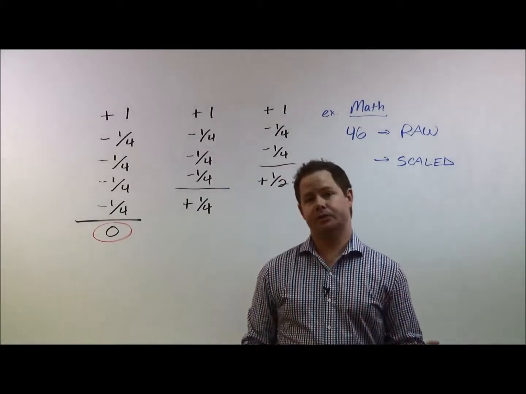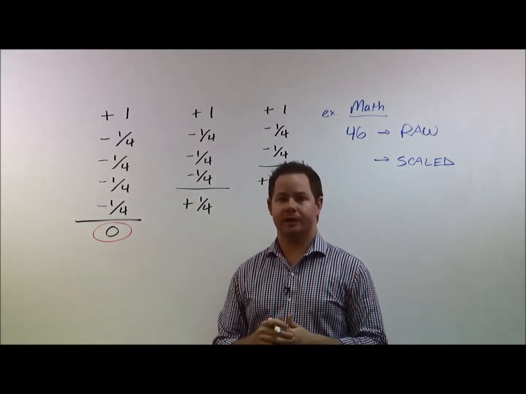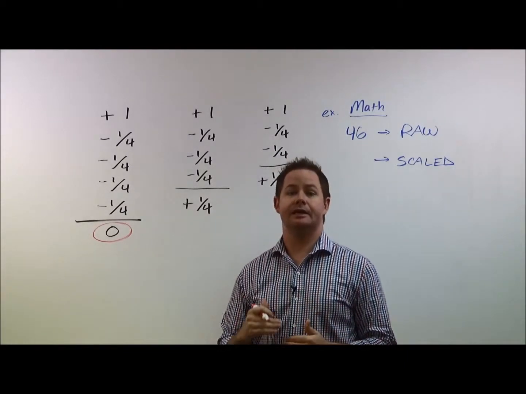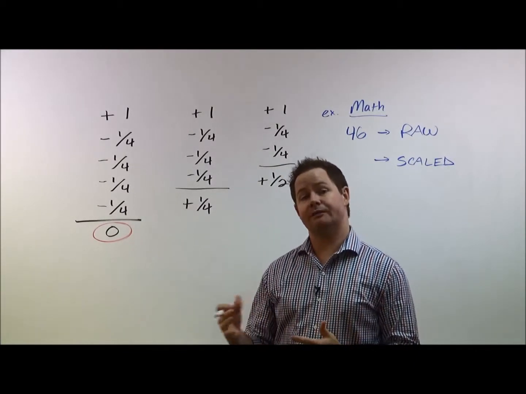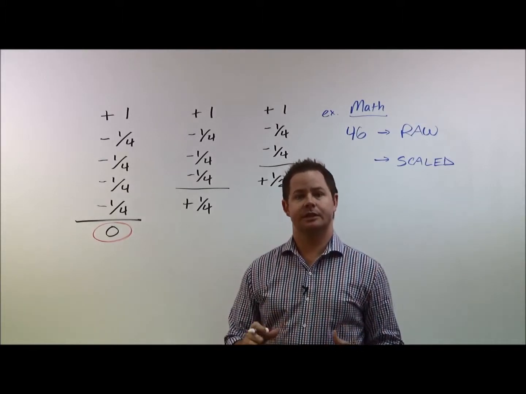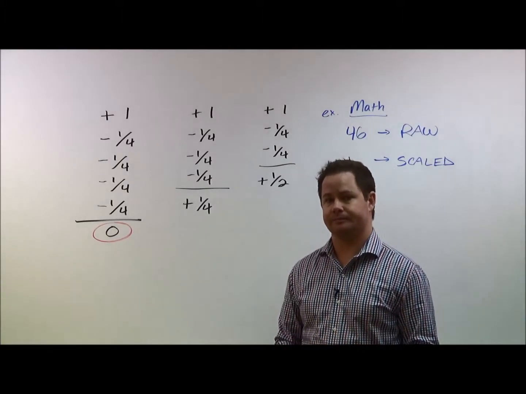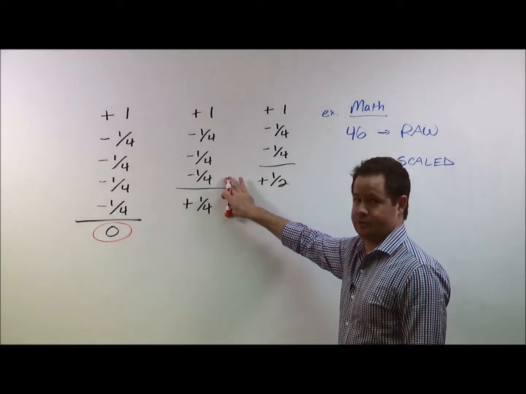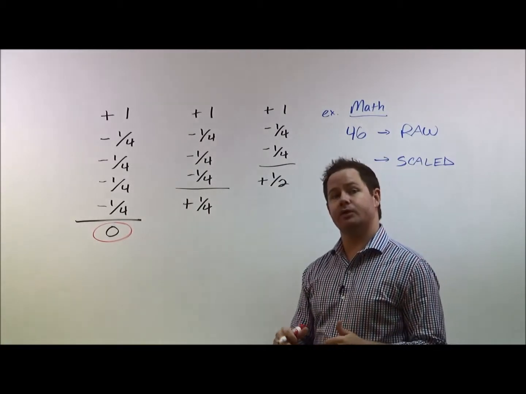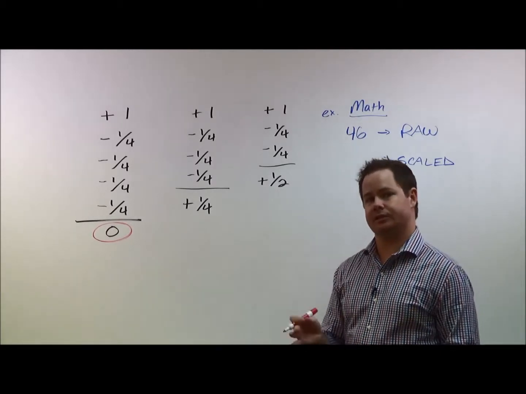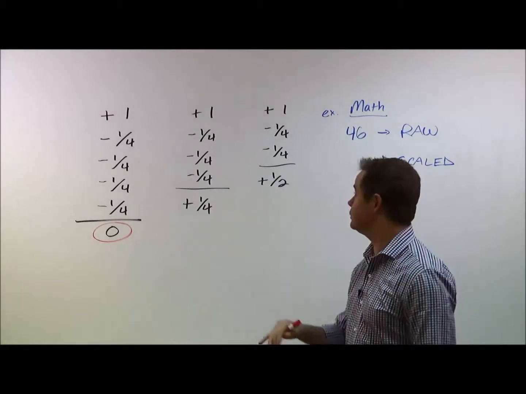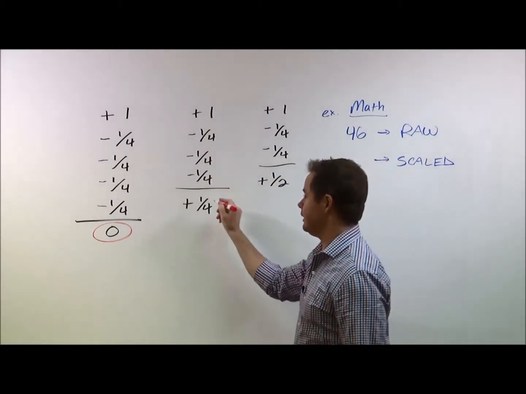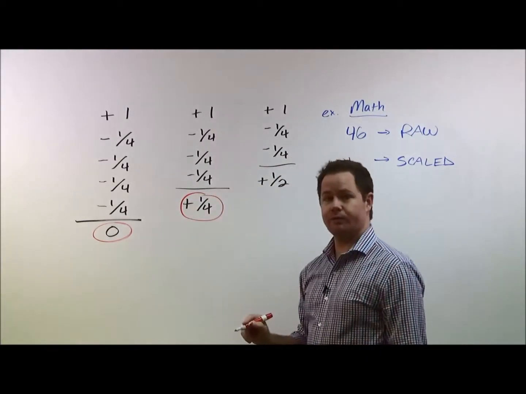It doesn't help nor hurt your score to randomly guess on the SAT, and that's the whole point of the wrong answer penalty, that it is designed so that there's no advantage or disadvantage to guessing on questions on the test. Now, if you're able to eliminate even 1 answer choice, now you're answering out of only 4 answer choices, and that means statistically you're going to get 1 out of 4 correct, which means 1 right and 3 wrong, which when you total that up, that'll give you a +1/4.